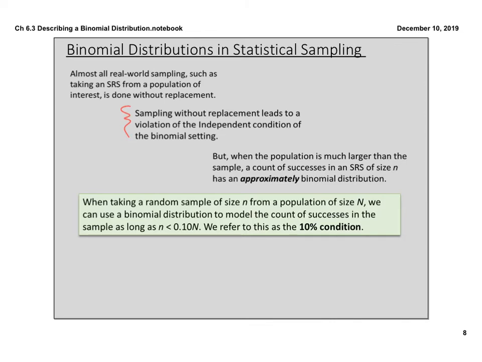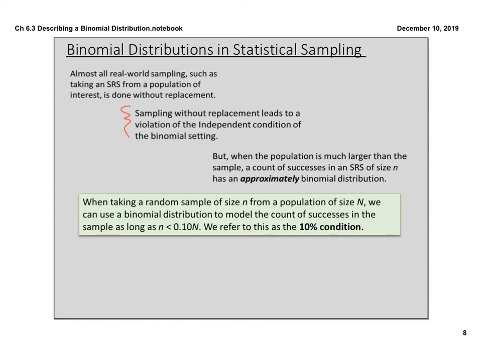The fact that we are not replacing the item puts a flaw in our binomial setting. So what we have to determine is, are we pulling from a large enough population? We have to look at our sample size compared to our population and decide, is our population large enough that the sample we're pulling is not going to make that much difference in the probability?